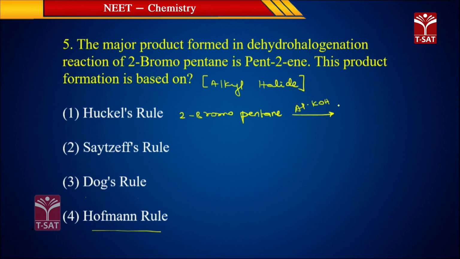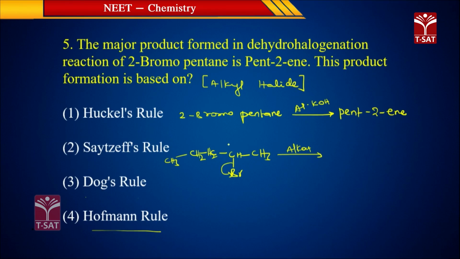And what came out? Pent-2-ene. See carefully, 2-bromopentane: we write C, C, C, 1 2 3 4 5. Here CH3, first carbon, second carbon, bromine will be there. Here we write CH3, CH, CH2, CH. This is 2-bromopentane. If you give alcoholic KOH, what will happen?